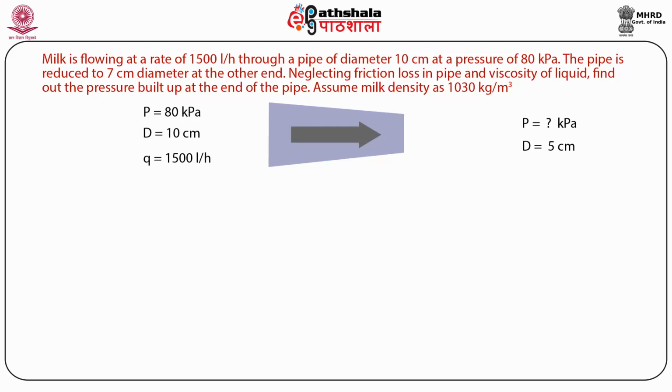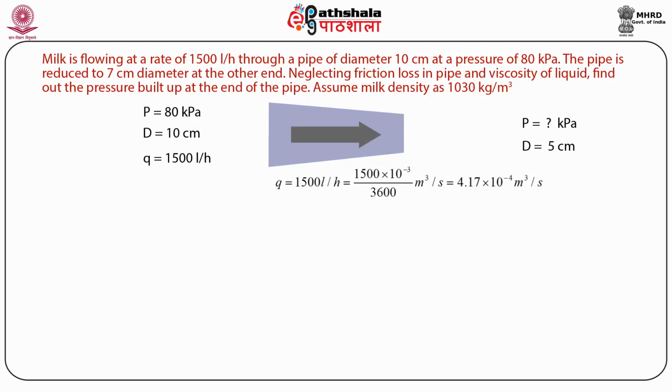Let us first convert this liter per hour into meter cube per second, that is in SI unit. So 1500 liter per hour is equal to 1500 into 10 to the minus 3 divided by 3600 meter cube per second, which is equal to 4.17 into 10 to the minus 4 meter cube per second. Given the diameter, first you need to calculate the area.